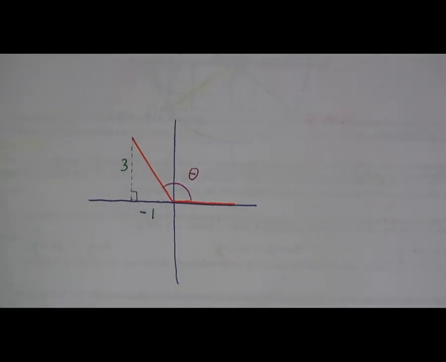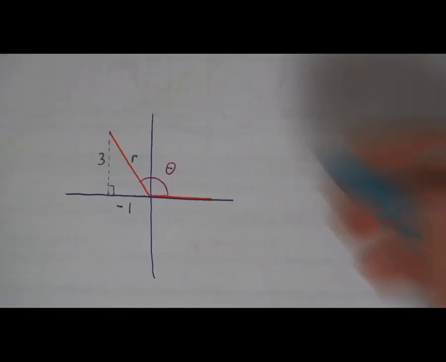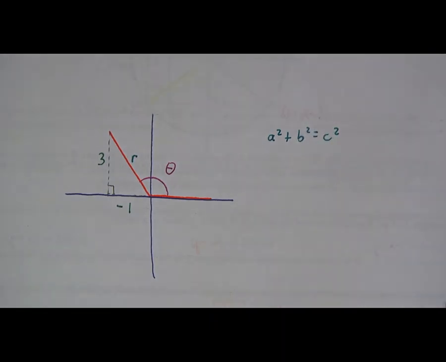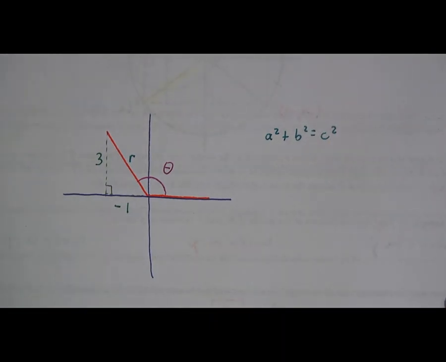Now I want you all to solve for r. In other words, I want you to take this right triangle, and you know a is negative 1 and b is 3, and I want you to find c. A squared plus b squared equals c squared. And you don't have a calculator, so you're just going to have to leave it in terms of a radical.